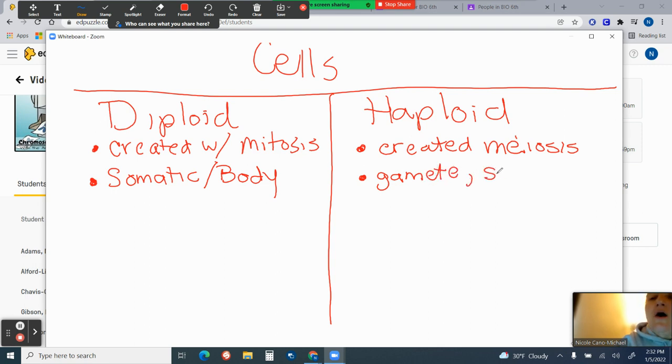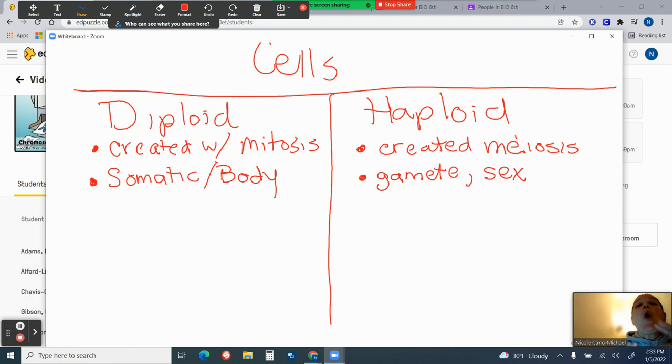We also sometimes call these the sex cells, okay? So again, it doesn't exactly matter. You want to call it a gamete, a haploid cell, a sex cell, they're all kind of in the same wheelhouse. They don't exactly have the same definition, but close enough, good enough for government work kind of thing.